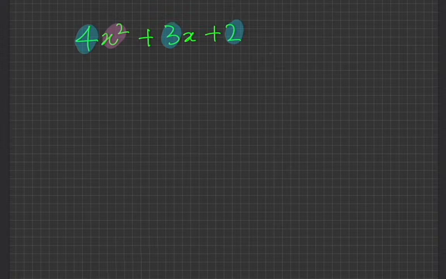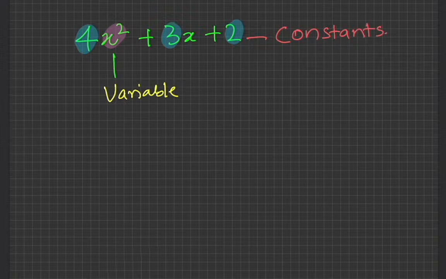Okay, so that is why they are called variables. And the known values are called constants, right?